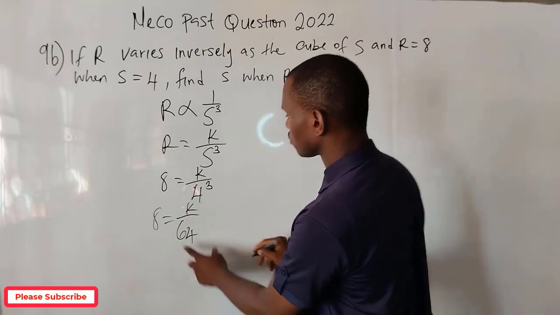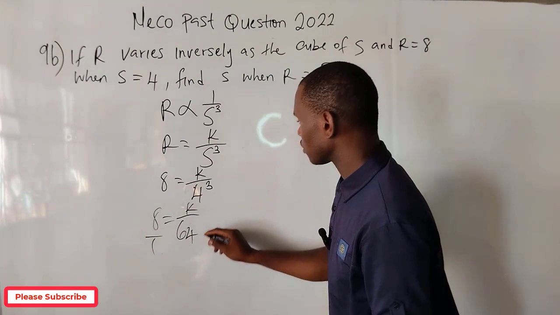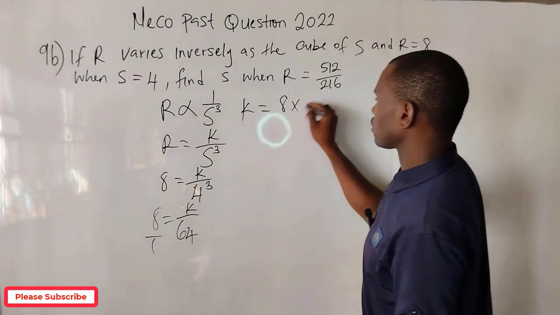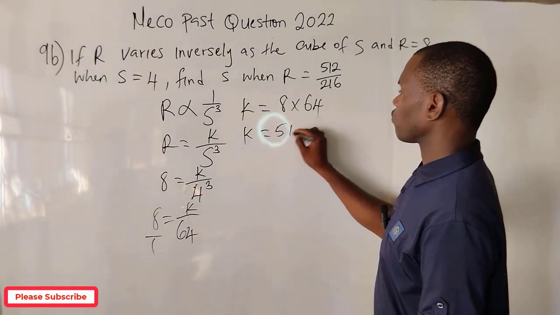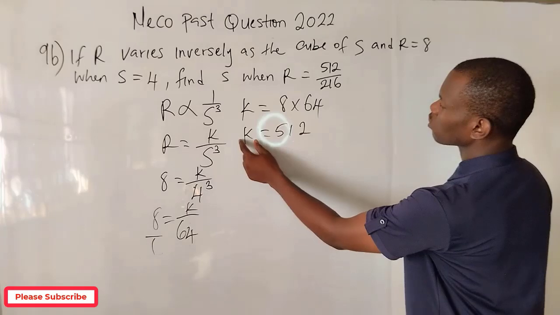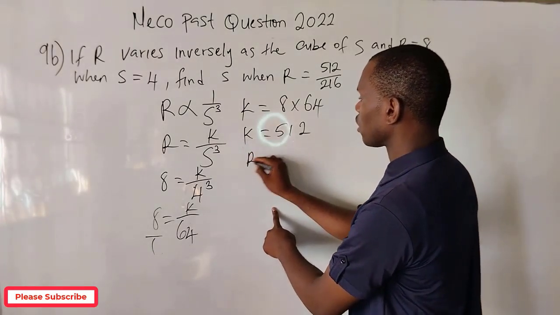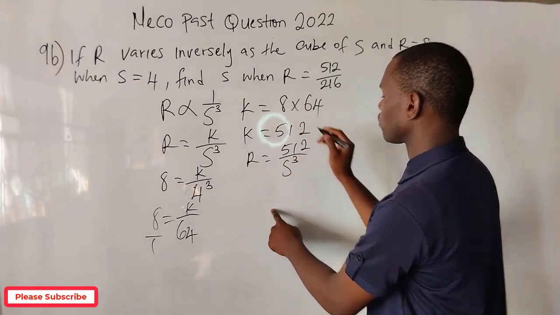Then we'll cross multiply to get K. If I cross multiply, I'll have my K equal to 8 times 64, which is 512. Having gotten K, the equation of the relation becomes R equal to 512 over S raised to power 3.